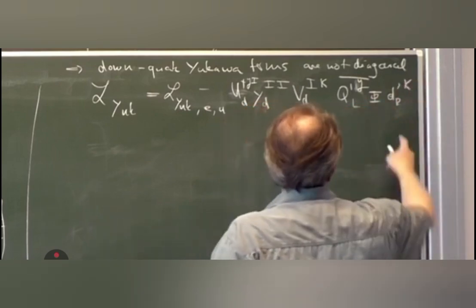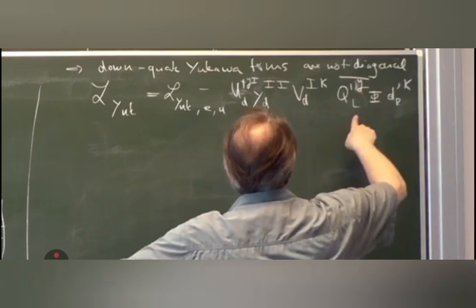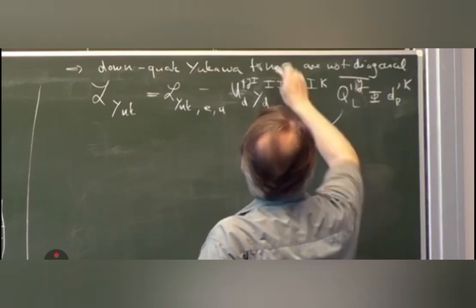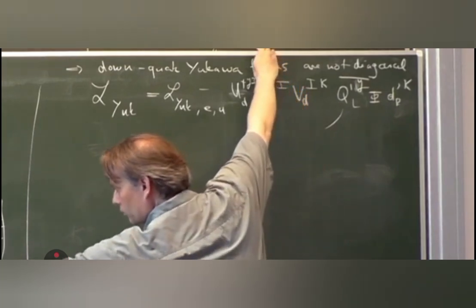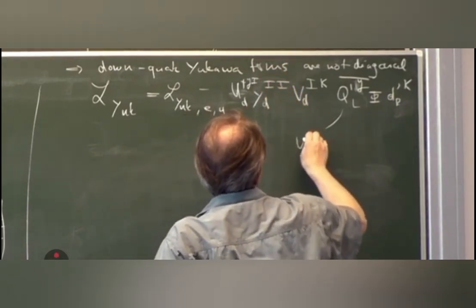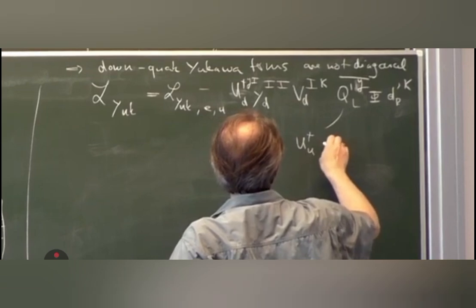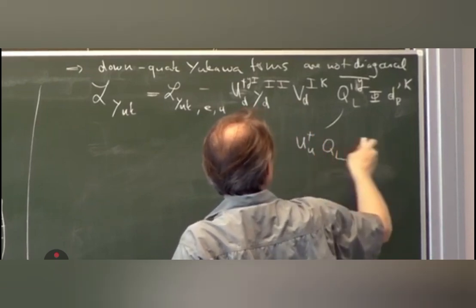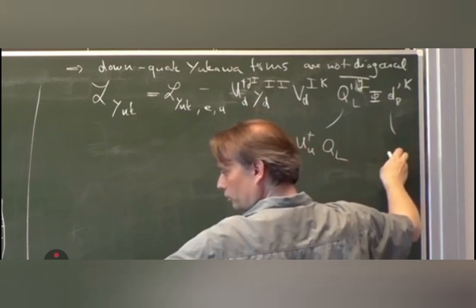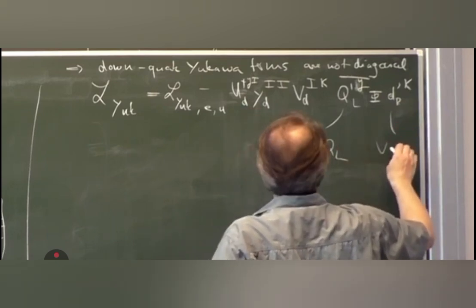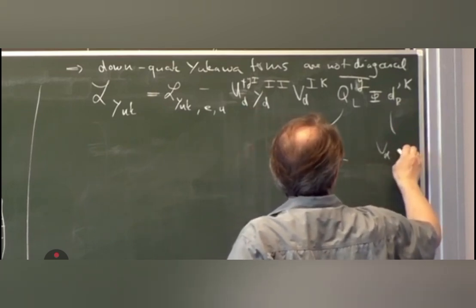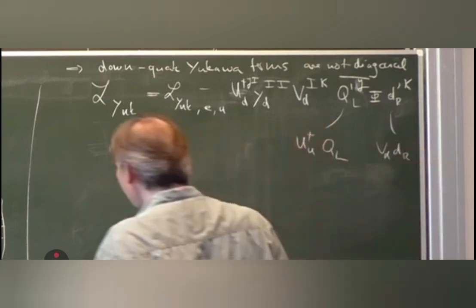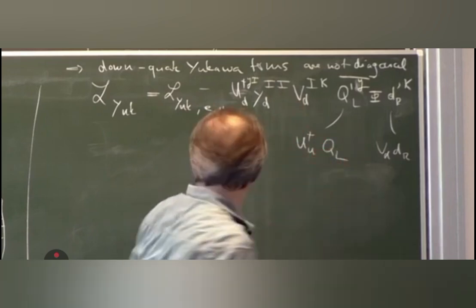And even if we plug in the definition of what they are, then this is equal to, what is it? U dagger U times Q without prime, and that is equal to V_d d_R without prime.